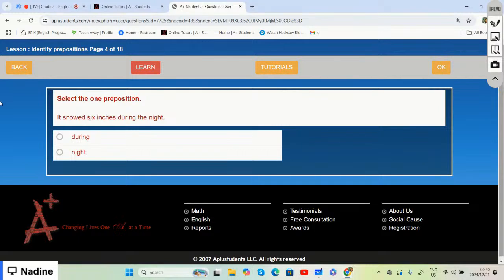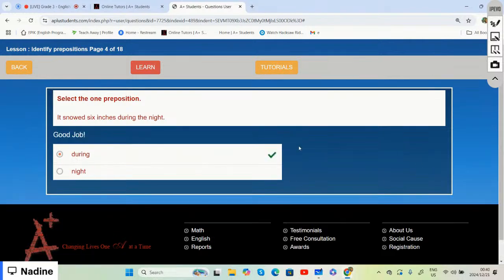And if we were to identify our preposition, then yes, once again, it is option one, which is during. Well done.